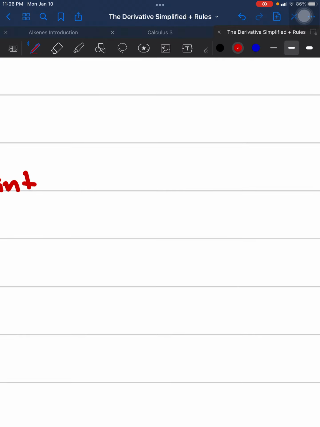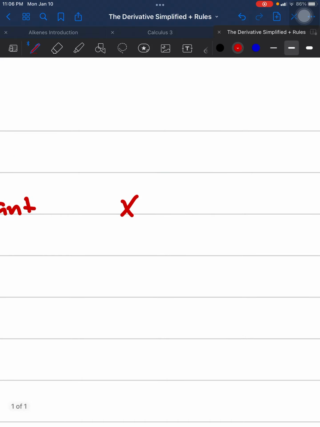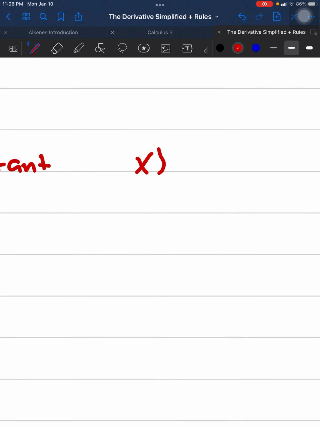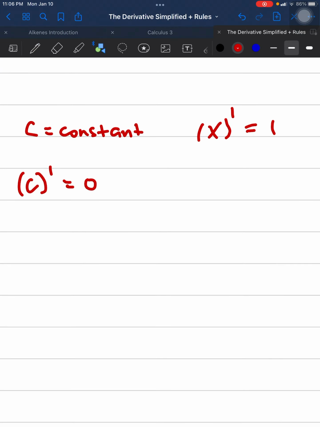And the same thing can be said for x. Whenever you take the derivative of x, which is just a single variable, its derivative is equal to 1. So let me actually box this.